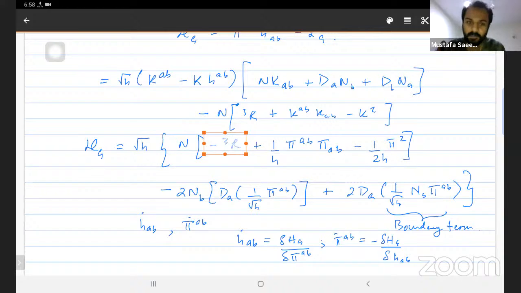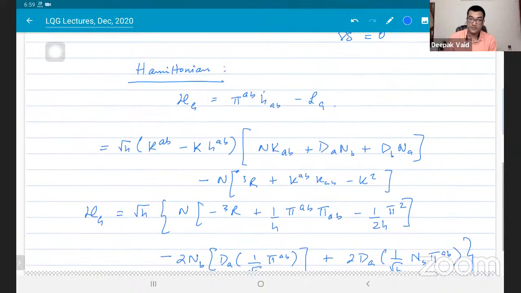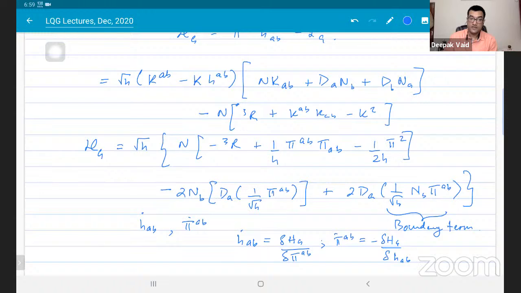But does R, this Ricci scalar of the 3-metric, not just depend on h_ab? It depends on derivatives of h_ab, no? Yes. Okay. It depends on derivatives of h_ab. And so through that, the dependence on the momentum will also arise. I see. Okay. Right. I understand.